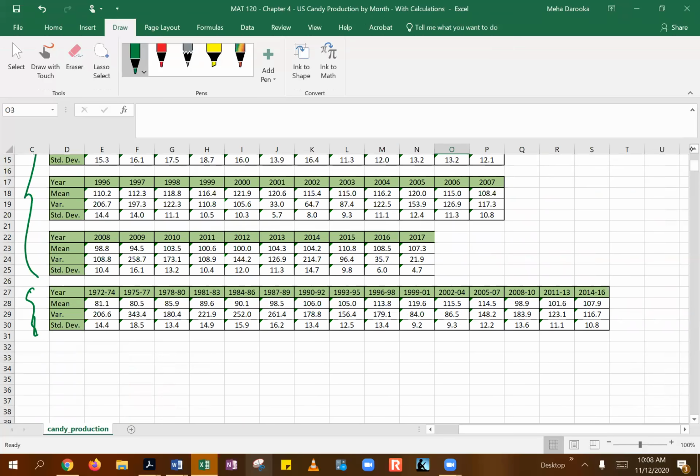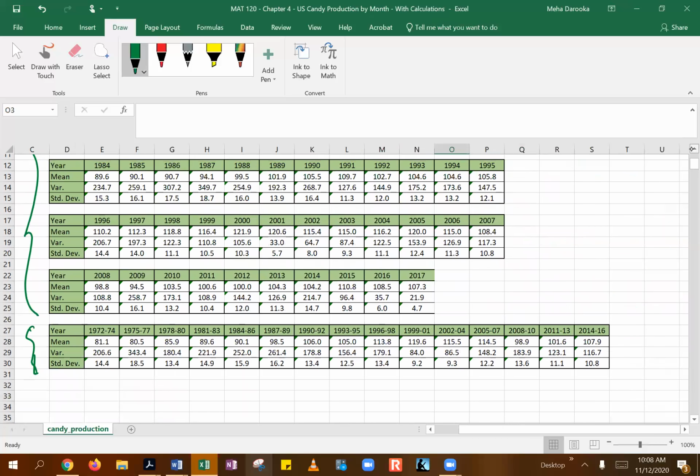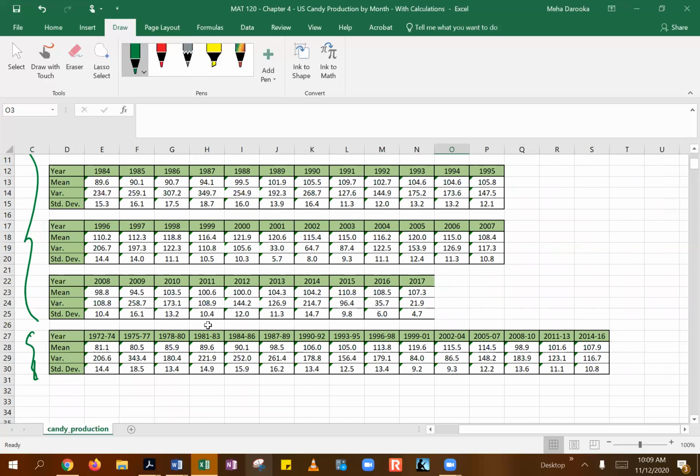So just as an example, I'll just use this last one over here. Let's take a look at these 3 years, 2014 to 2016. And then you can see what this 3-year average is going to be.